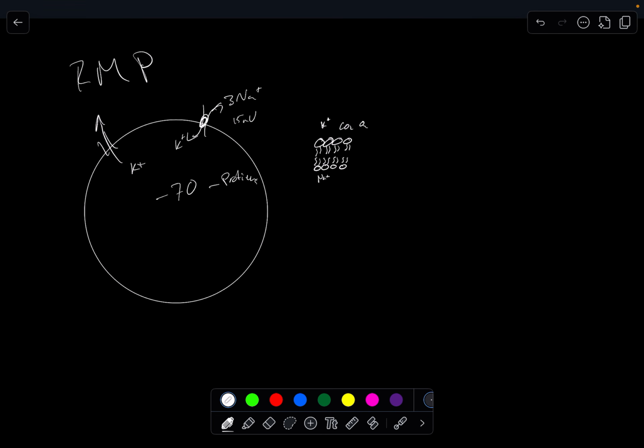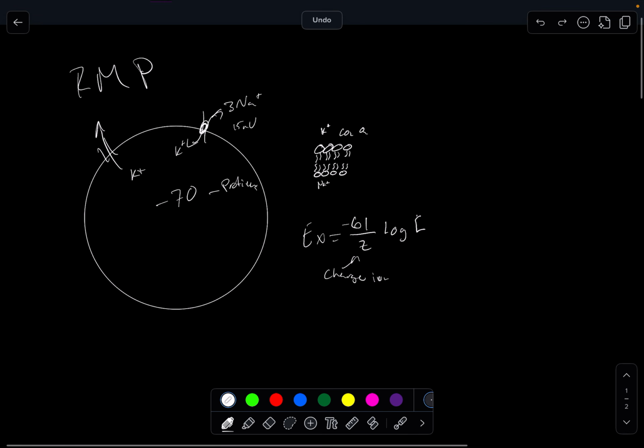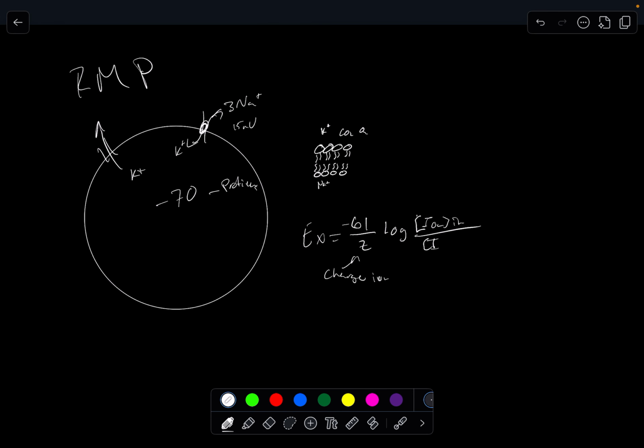On the Nernst equation, I'm just going to write that real quick. We got E_X = -61/Z, where Z is the charge of the ion, times the log of the ion on the inside of the cell over the ion outside of the cell.